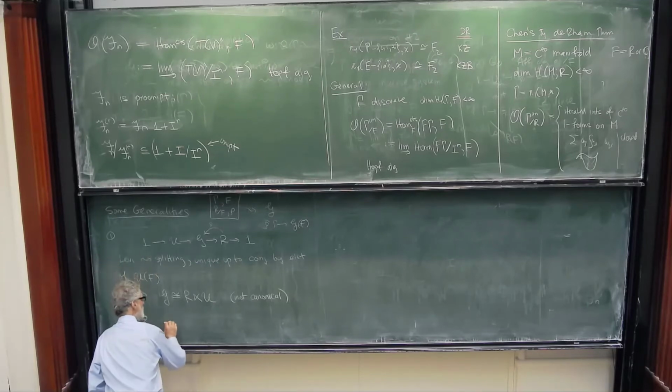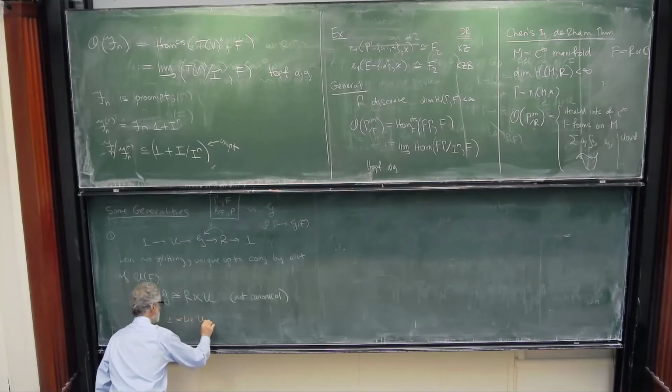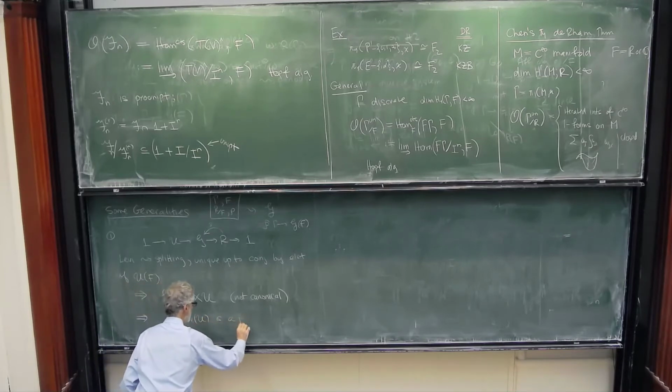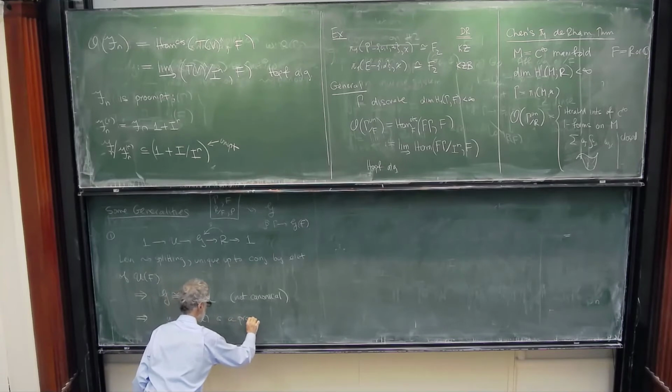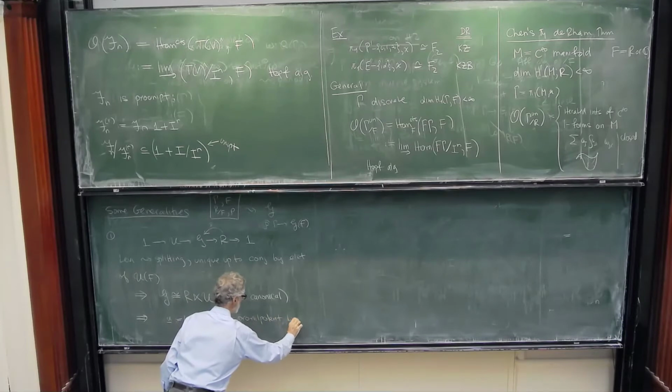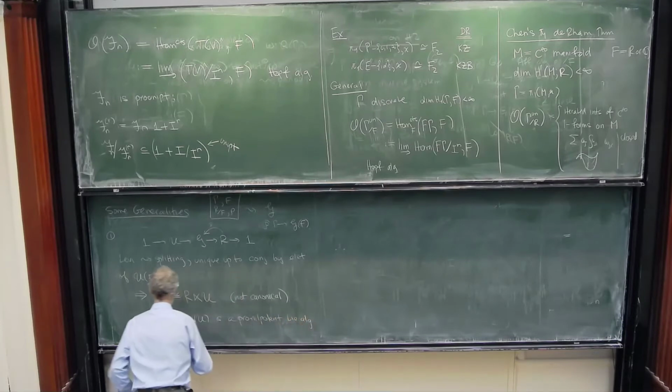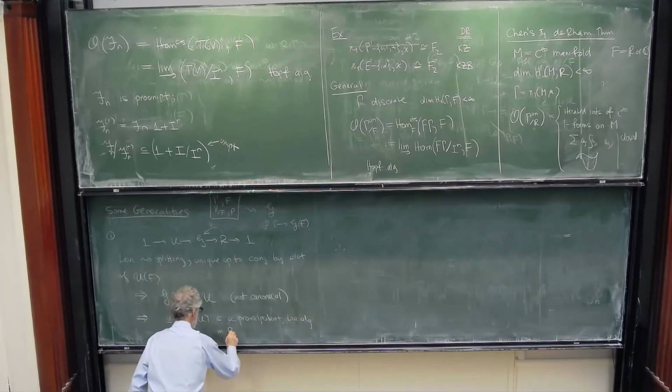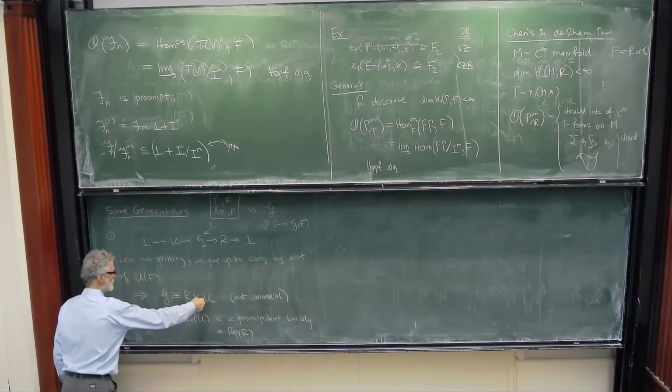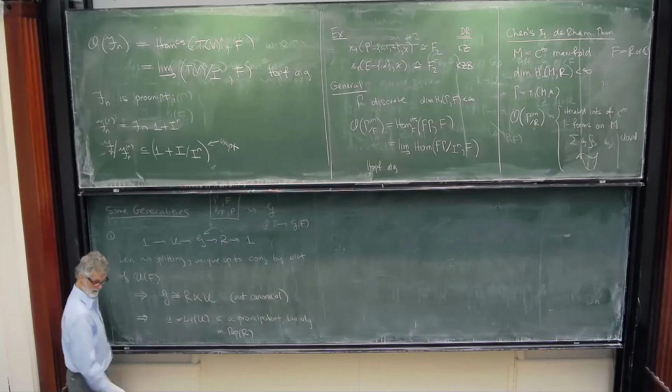But anyway, this implies that the Lie algebra of U is a pro-nilpotent Lie algebra in the representations of R, right? Because R will act on U by conjugation, so it acts on its Lie algebra.